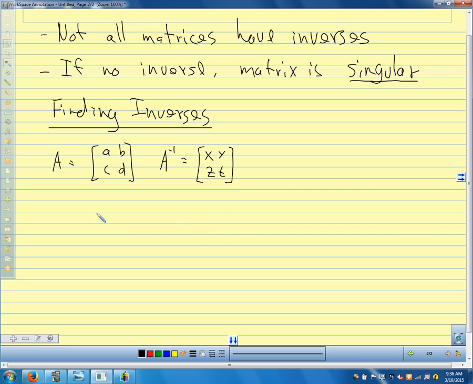But what we do know is that A times A inverse is the identity matrix. If I multiply these two out, I know A, B, C, and D, so I get 4 equations, one for each of the numbers in the matrix, and 4 variables.